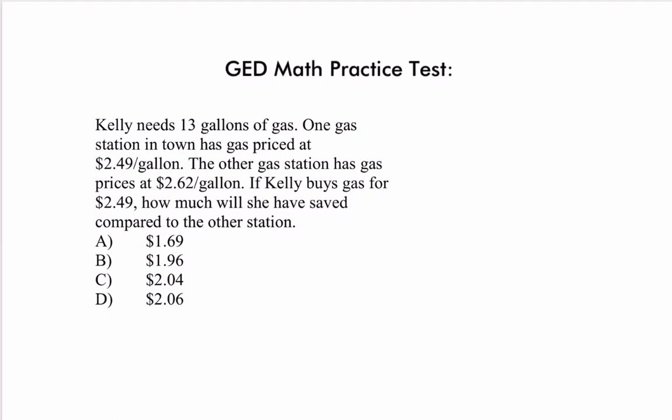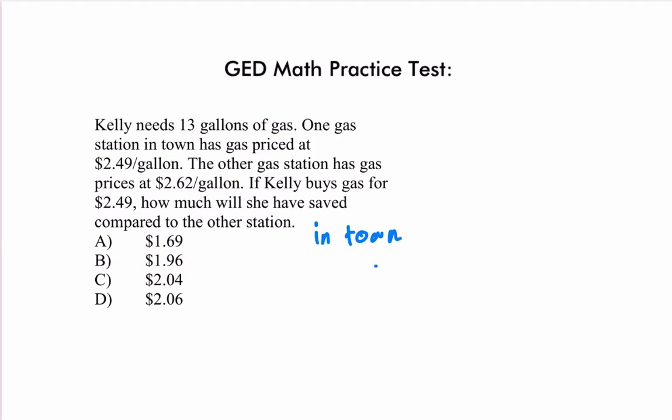The station in town is 2.49 times 13 because she wants to buy 13 gallons. 2.49 times 13 is 32.37.